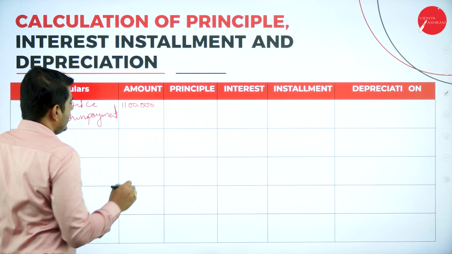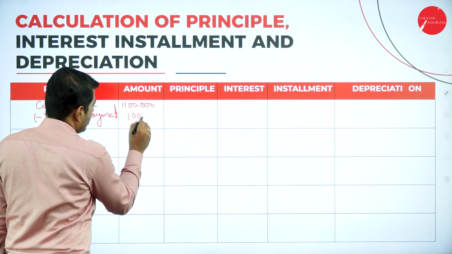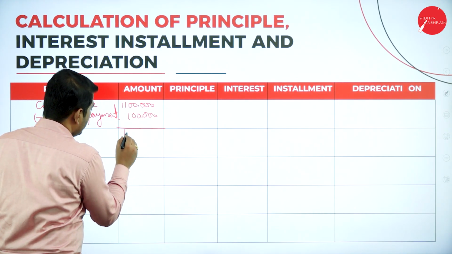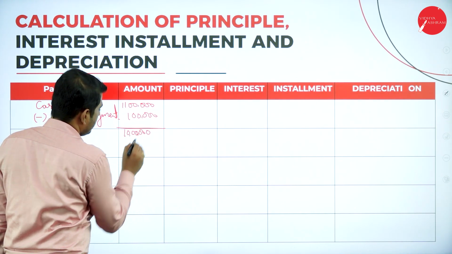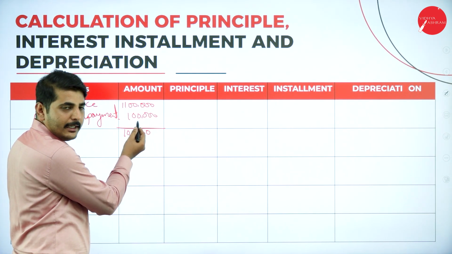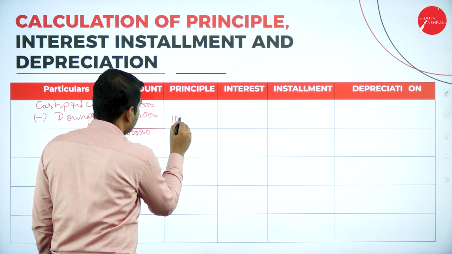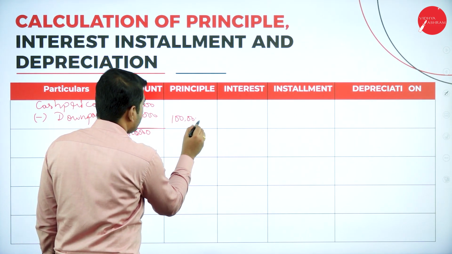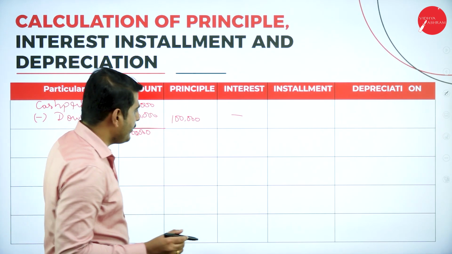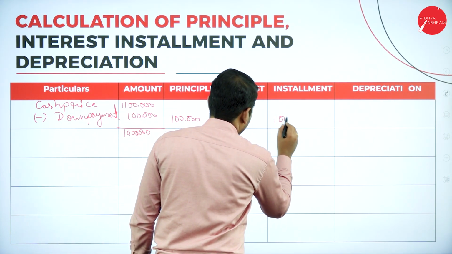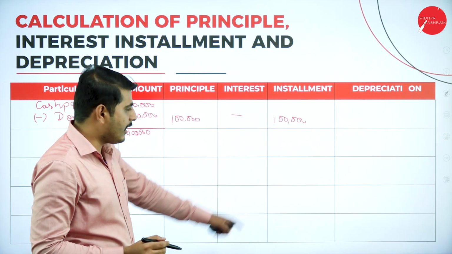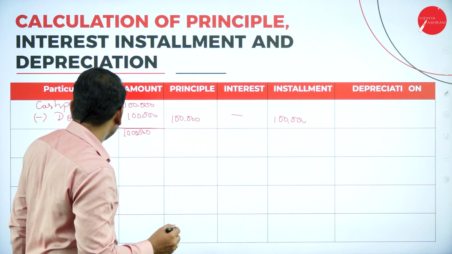So deduct the down payment 1 lakh, and it will become 10 lakh. See, this down payment is part of the principal, right? 1 lakh here. Interest nil. There is no interest on the down payment. Installment, you can write 1 lakh here. Later we will calculate the depreciation.